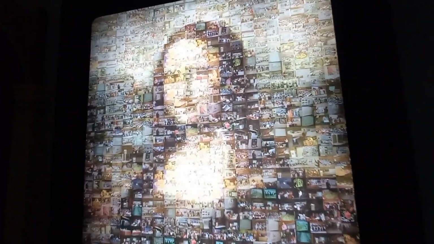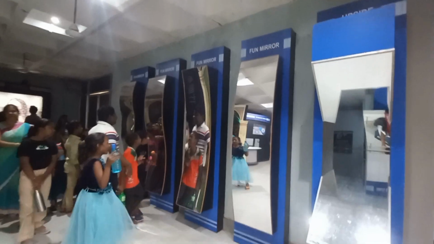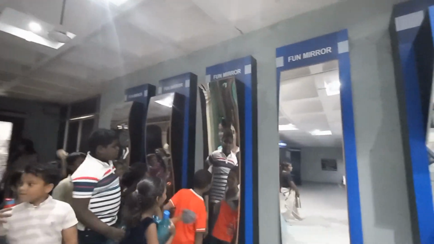On your first go, you will see this Mona Lisa painting, but when you zoom, you can see different pictures. Now, these mirrors are totally fun.